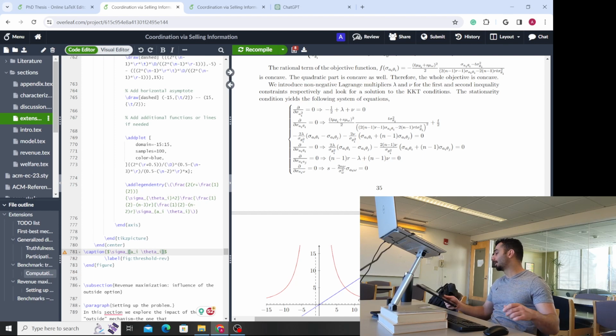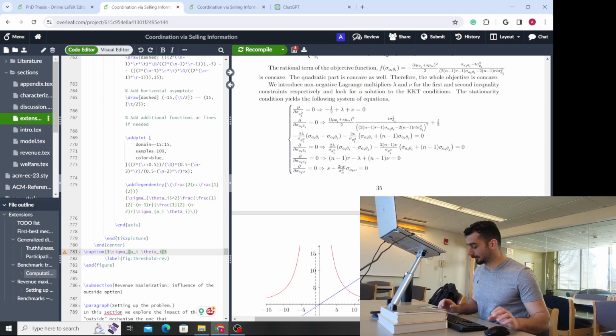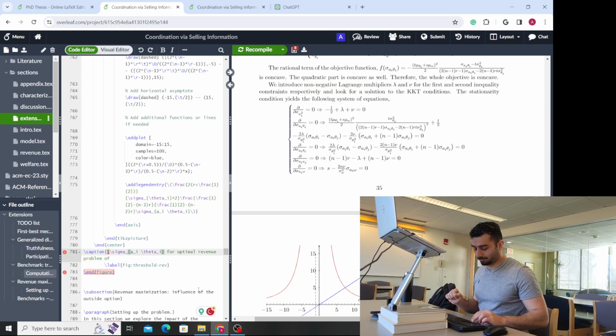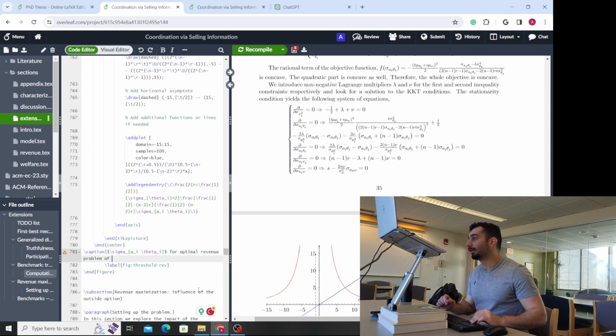So it is Bertrand because R and T are positive for the optimal revenue problem of the Bertrand example.